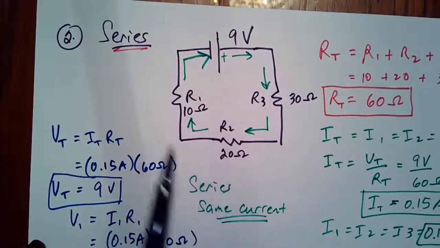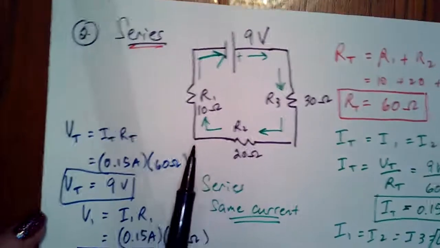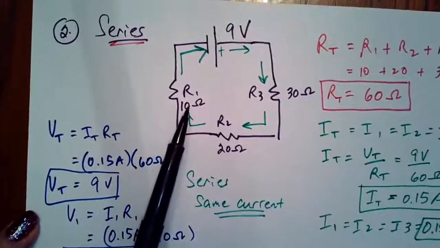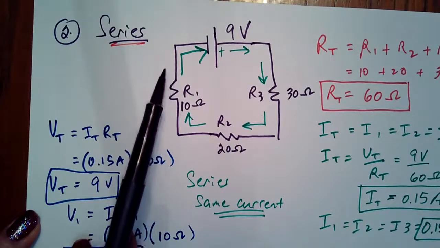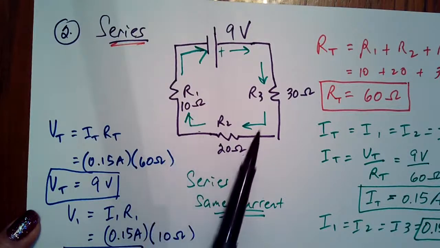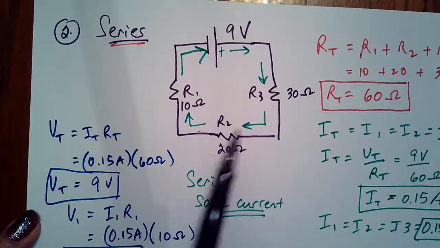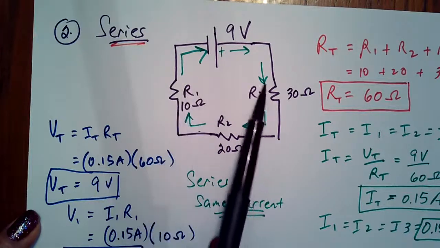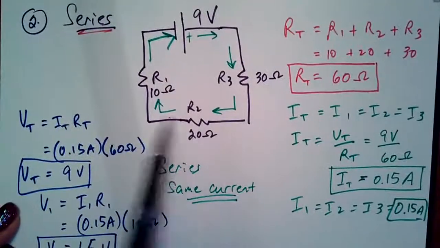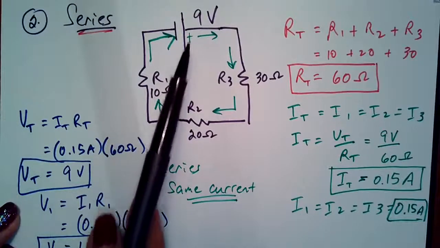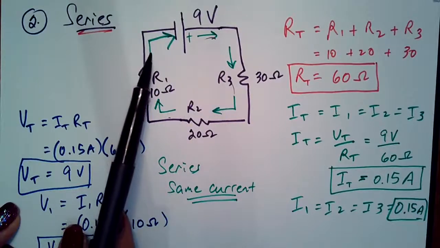In a series circuit, it's either all on or all off. Even with a switch, if I put the switch anywhere in this loop, once you turn it off, every single one of these resistors will be turned off, or on if you turn it on, because there's only one path for the current to follow.